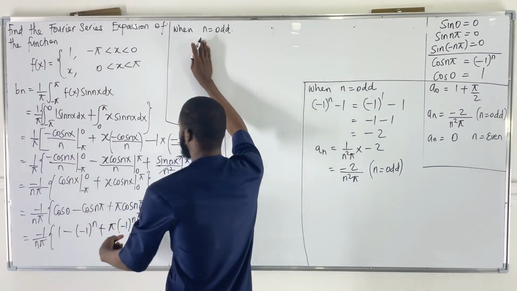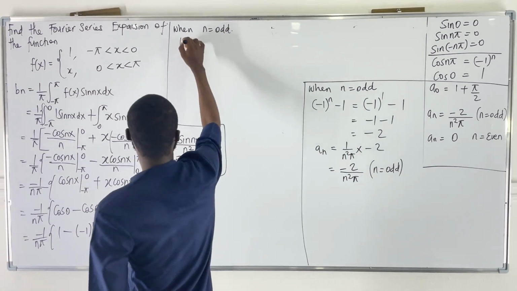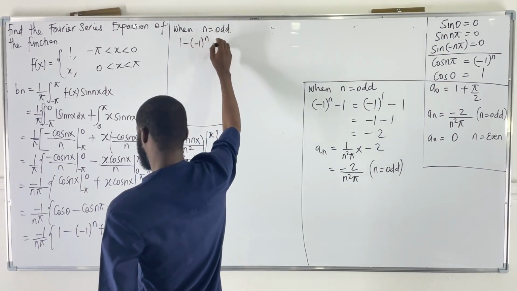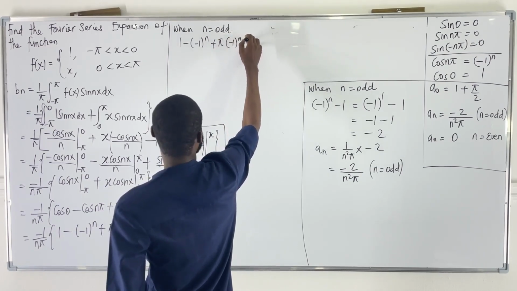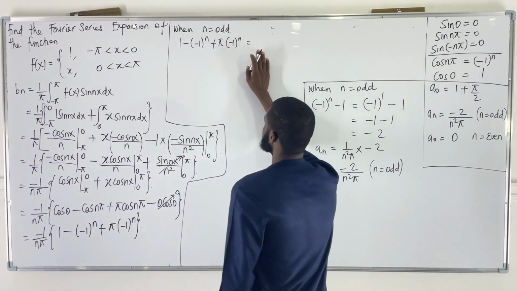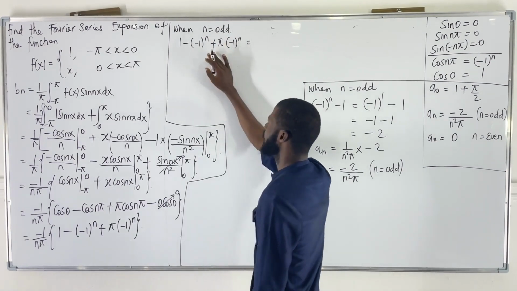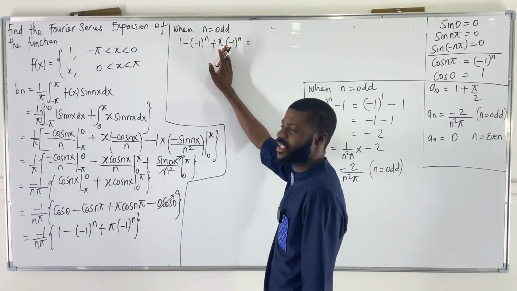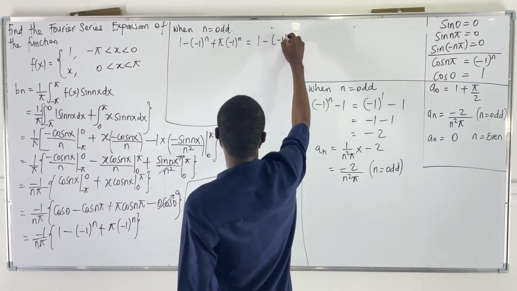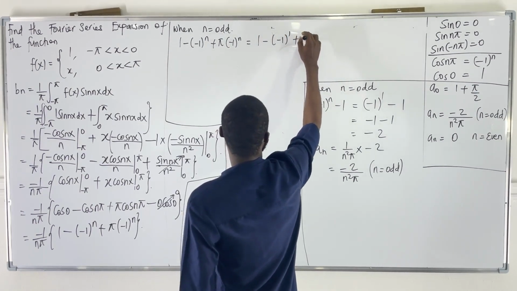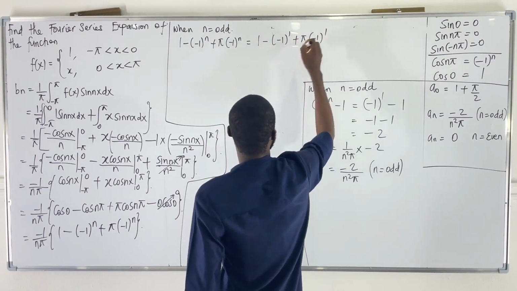So I want to deal with the brackets first. We have 1 minus (-1) to the power of n plus pi times (-1) to the power of n. For this one, n is odd, so let's pick n as 1. So this is 1 minus (-1) to the power of 1 plus pi times (-1) to the power of 1.